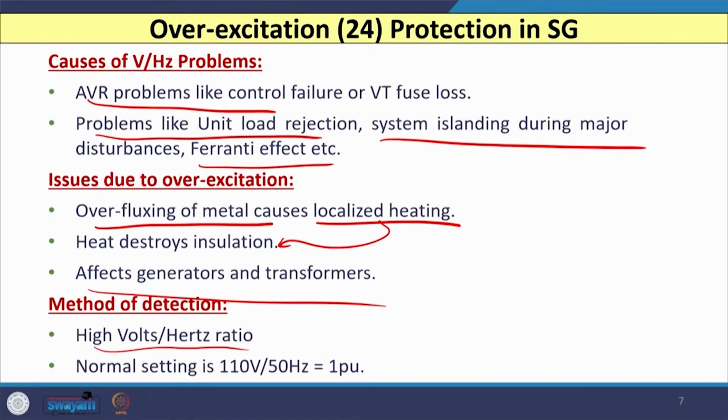In normal condition this value is considered as 1 per unit, considering the secondary of the PT is 110 volt and the fundamental frequency is 50 hertz. So, the ratio of these two we can assume as 1 per unit, and if this ratio exceeds some threshold value, then the over excitation condition is detected and further action is initiated.